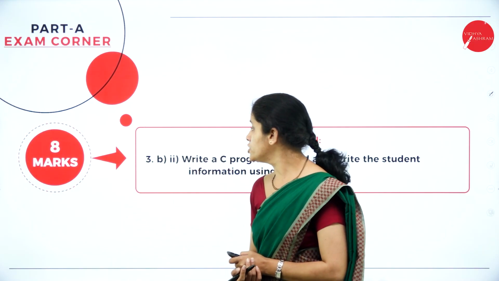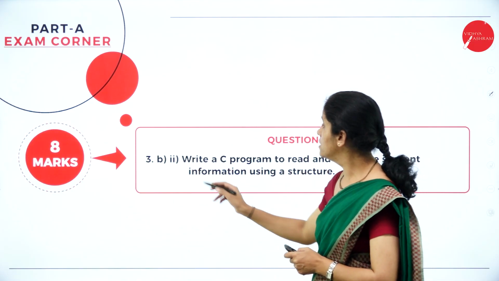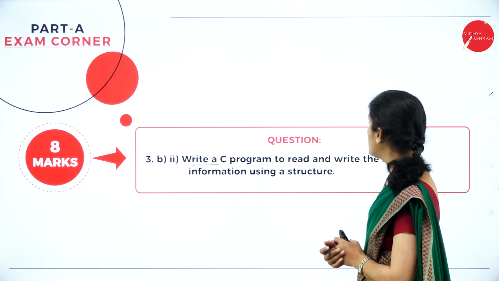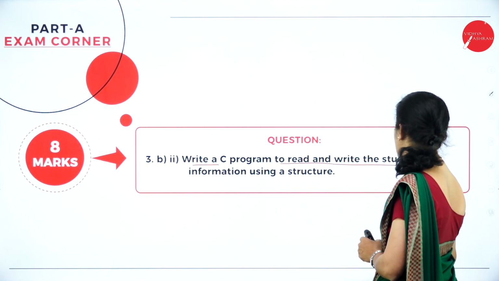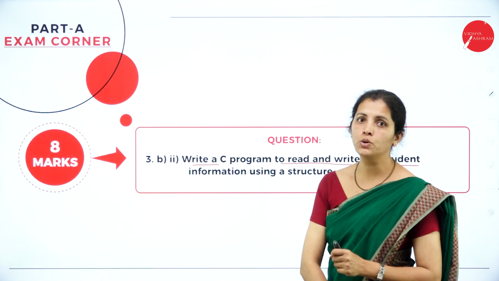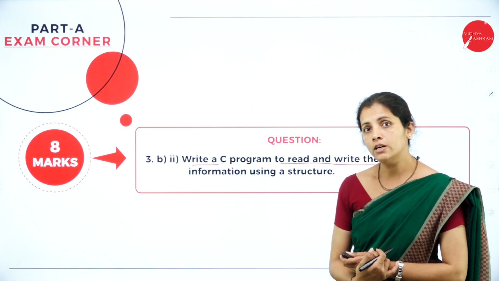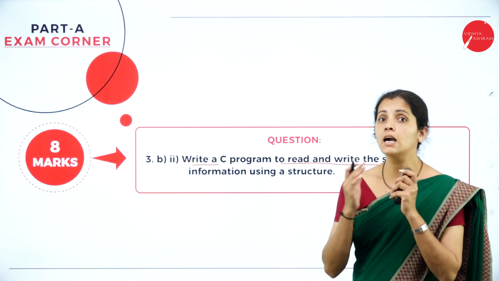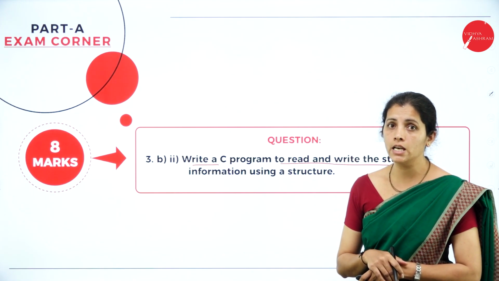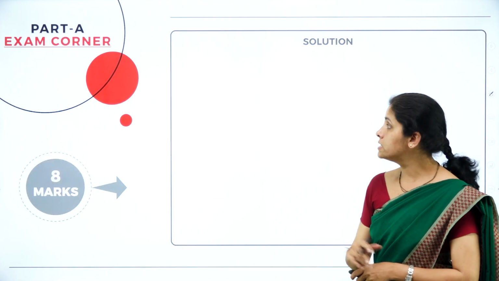The last question from part A is: write a C program to read and write the student information using structure. What is a structure? A structure is nothing but a collection of heterogeneous elements. What are heterogeneous elements?